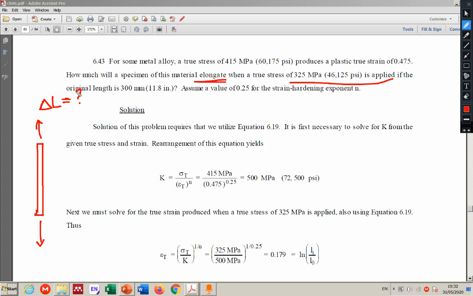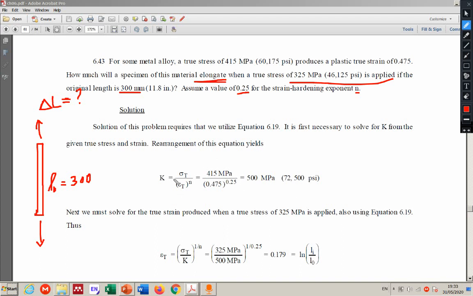The original length is 300 millimeters, so we know L0, the original length. Because in order to calculate delta L, we need the original length of the specimen. Assume a value of 0.25 for the strain hardening exponent n. So the n value is also given to be 0.25.